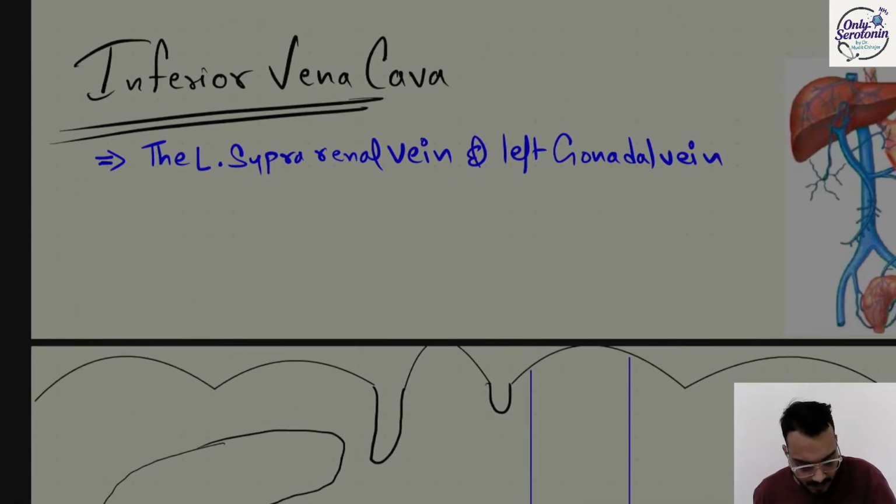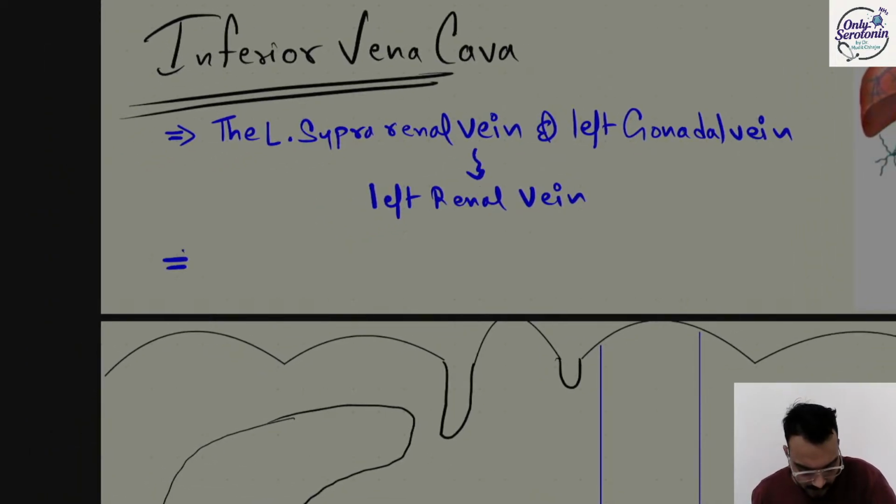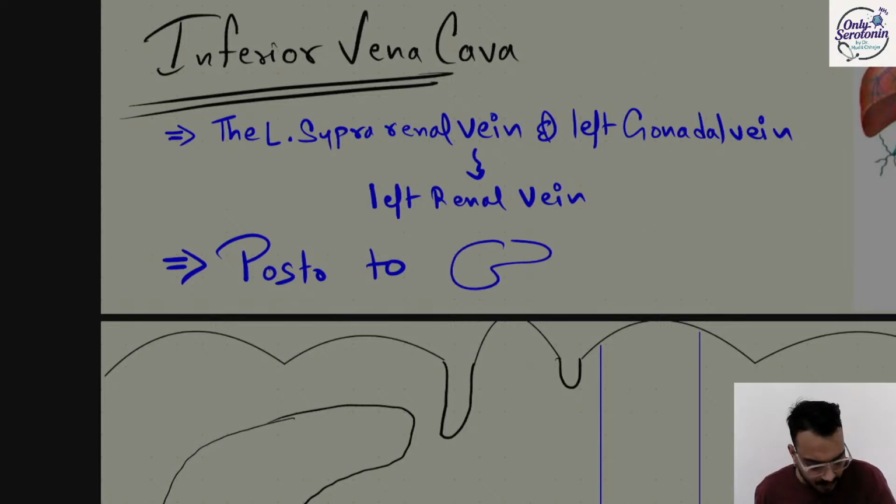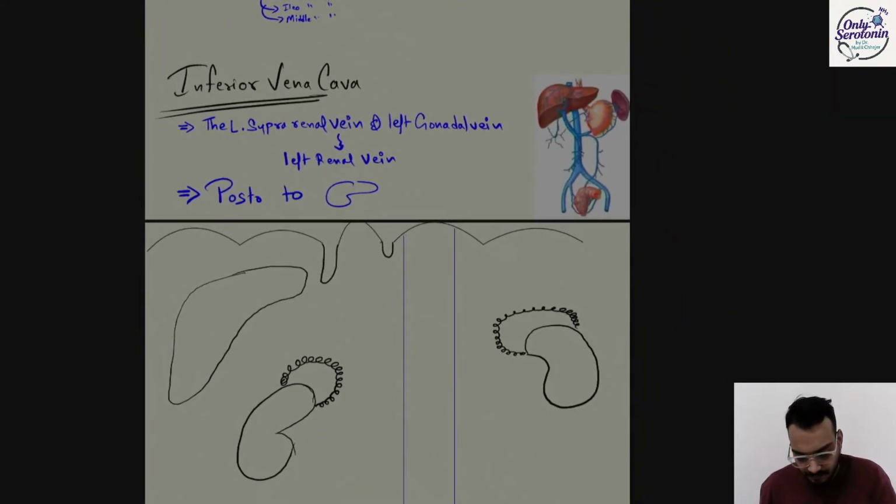They both are going to drain where? They both are going to drain into your left renal vein. And the location of the inferior vena cava is what, guys? It is posterior to the liver.